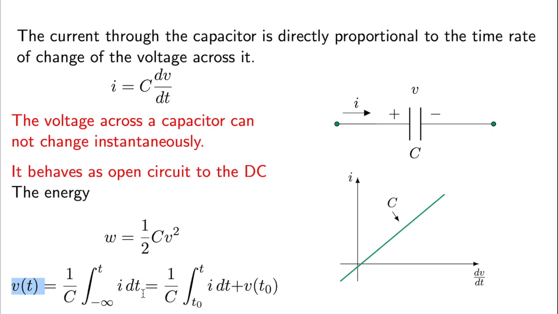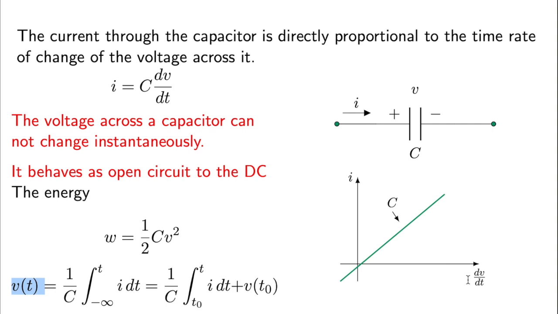So you can say this also has a memory. We will be dealing with linear circuit arrangements, so linearity has to be established between the current and the voltage. Here on the x-axis it is the current, and on the y-axis it is dV by dt. That is the characteristic.